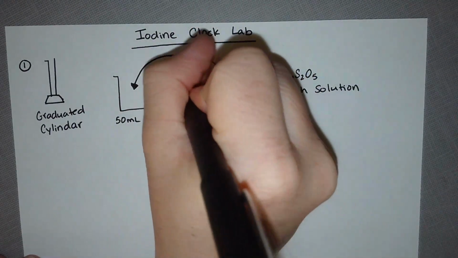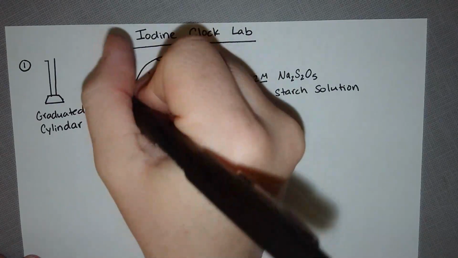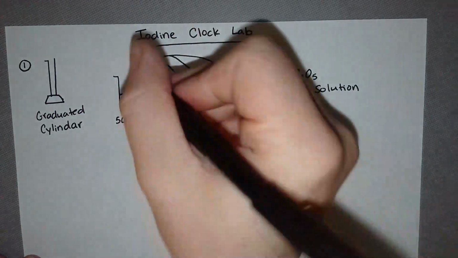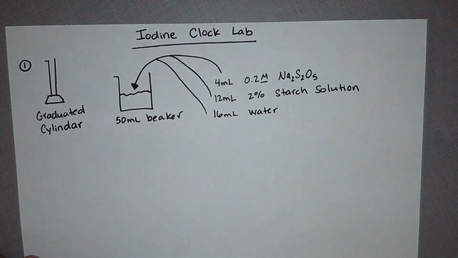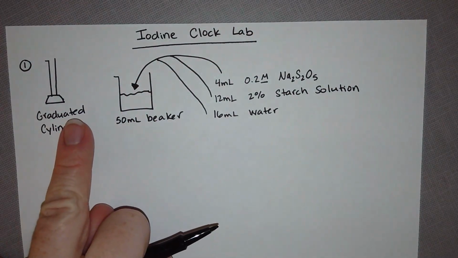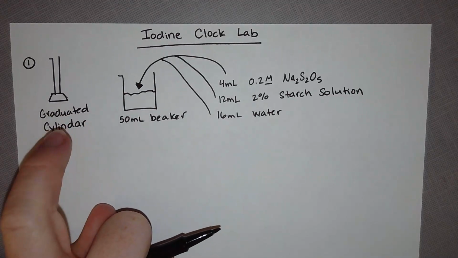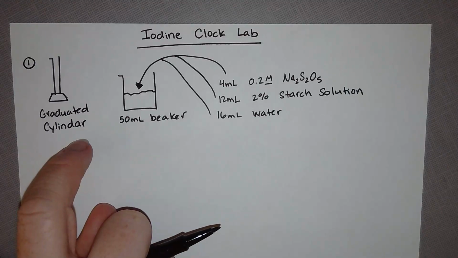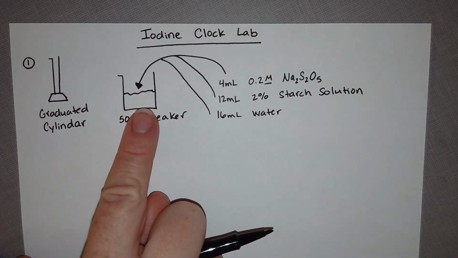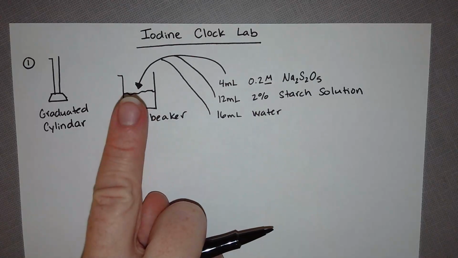Now, since all of these materials are going into the same beaker, it is okay to measure them out using the same graduated cylinder, or you could get a new clean graduated cylinder every time. It doesn't matter. But we know we are mixing these eventually, so if you use the same cylinder, that is okay. If you use a clean cylinder every time, that's all right.